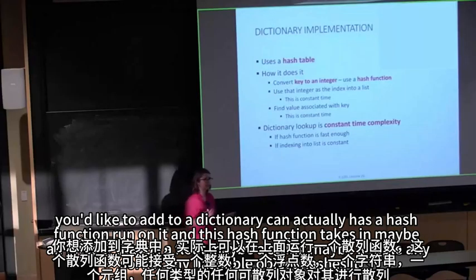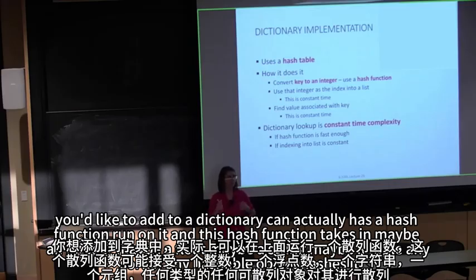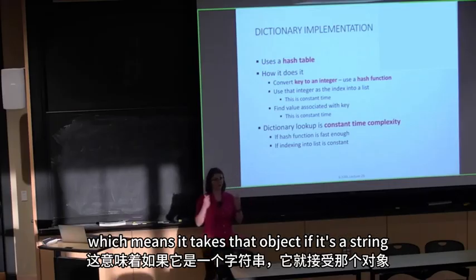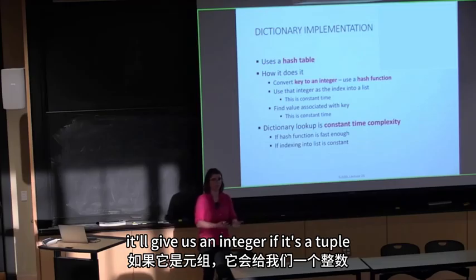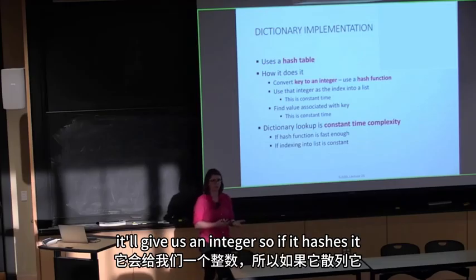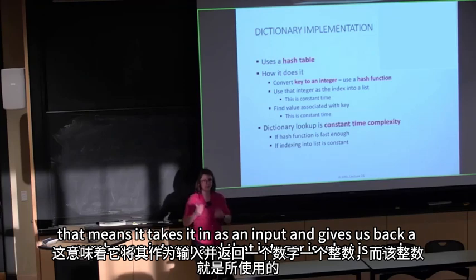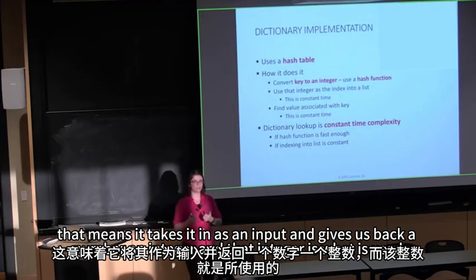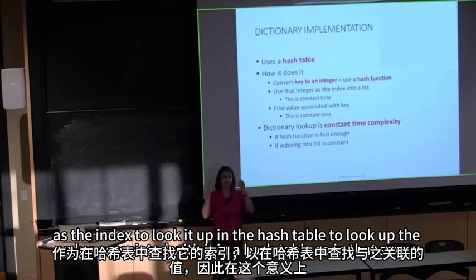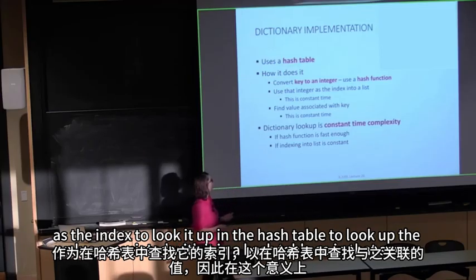And this hash function takes in maybe an integer, maybe a float, maybe a string, maybe a tuple, any hashable object, and hashes it, which means it takes that object. If it's a string, it'll give us an integer. If it's a tuple, it'll give us an integer. So if it hashes it, that means it takes it in as an input and gives us back a number, an integer. And that integer is what is used as the index to look up the value associated with it in a hash table.